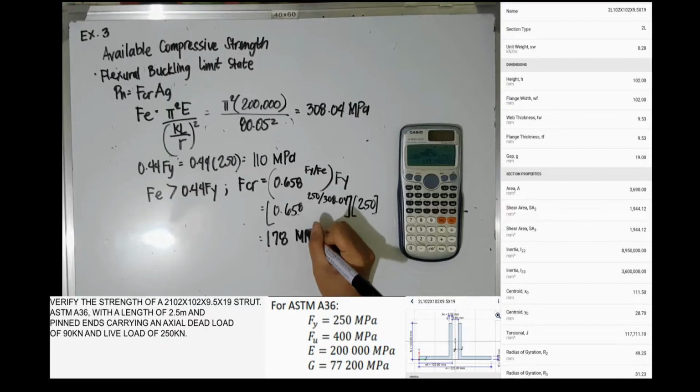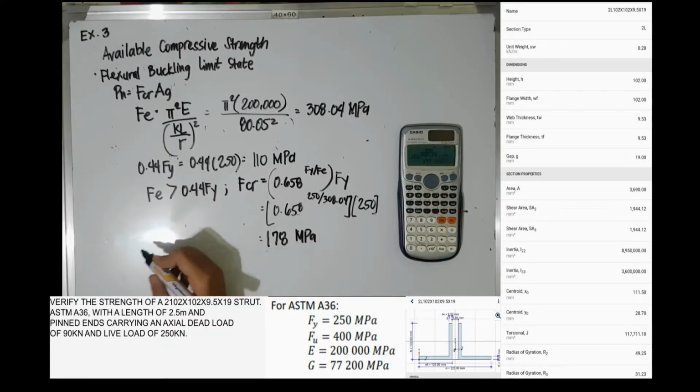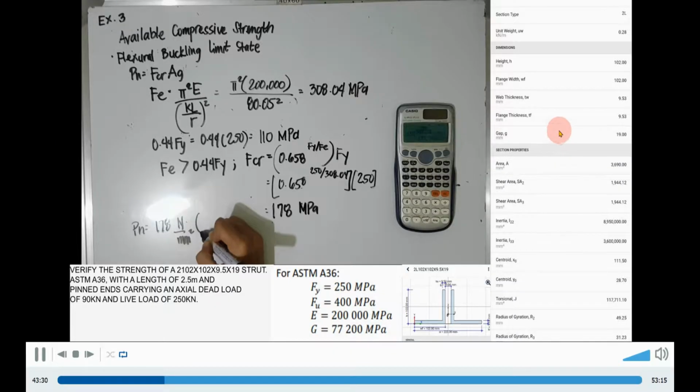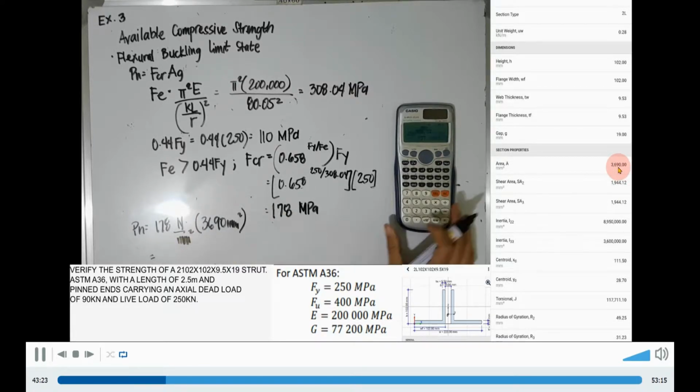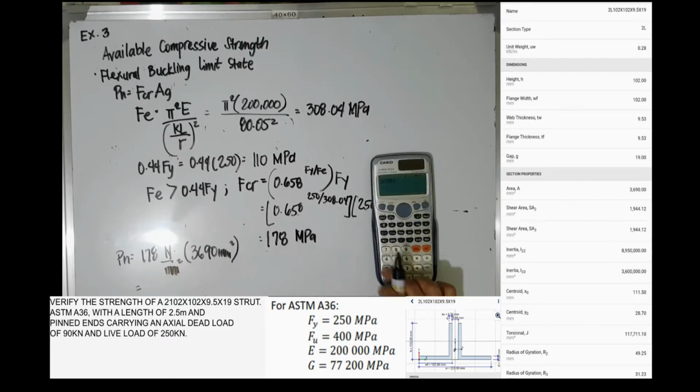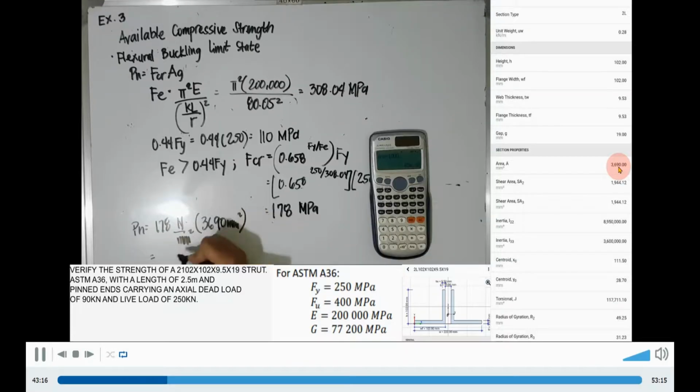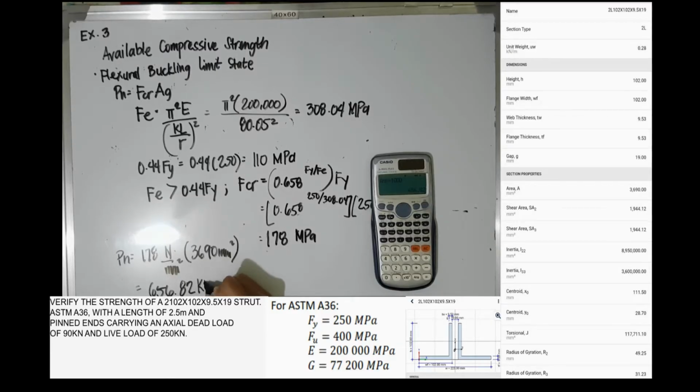So for the flexural buckling limit state, you can now determine the nominal strength. So 178 multiplied by the gross area, and the gross area is 3,690 millimeter square. So the nominal strength is equal to 656.82 kilonewton.